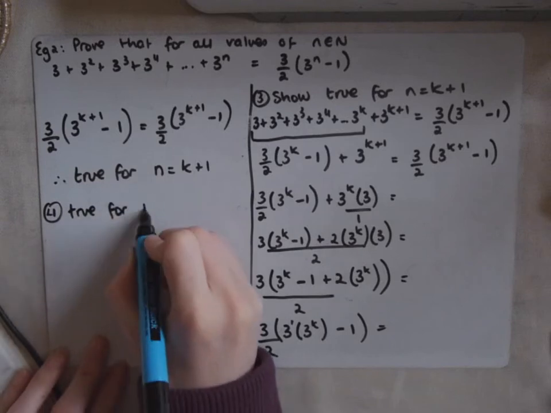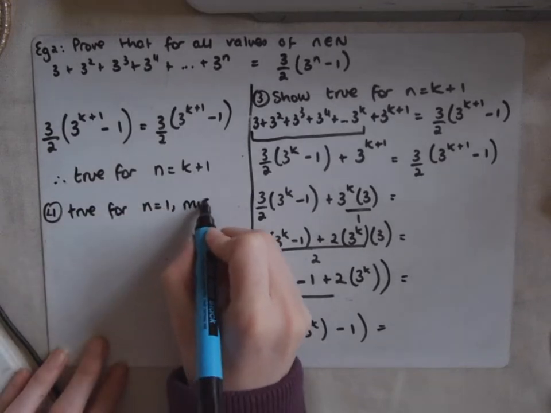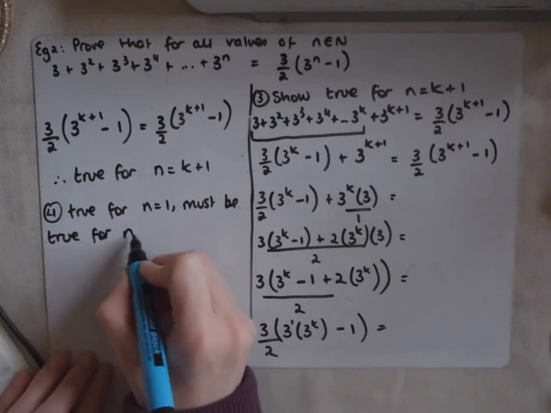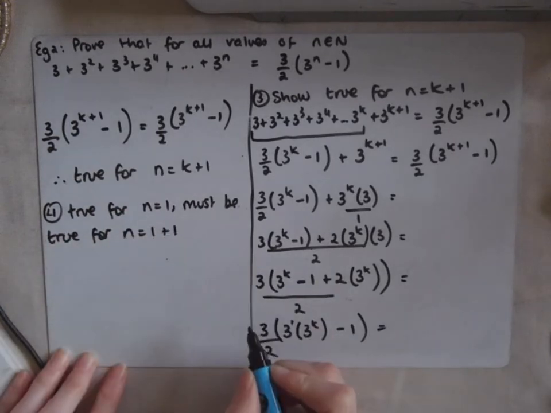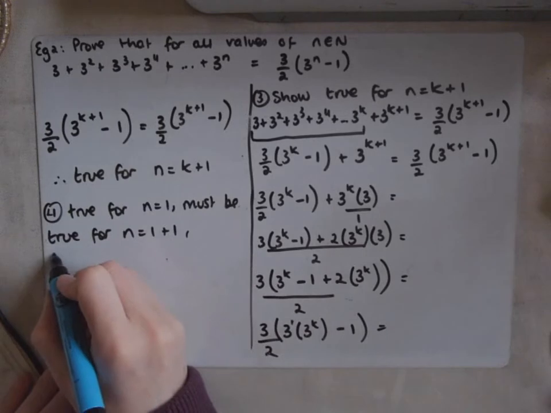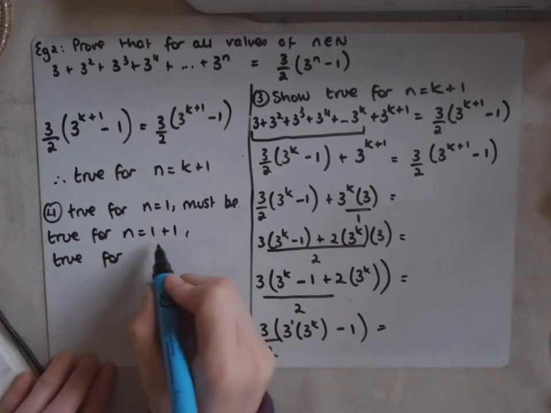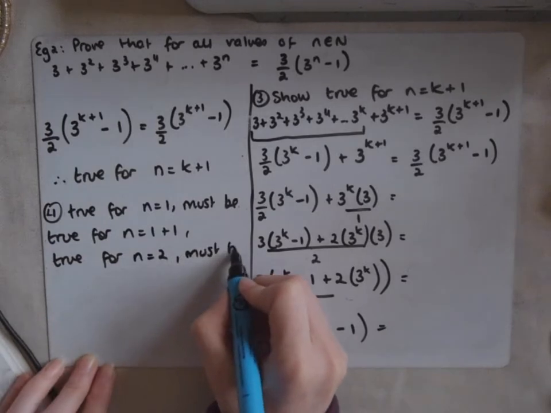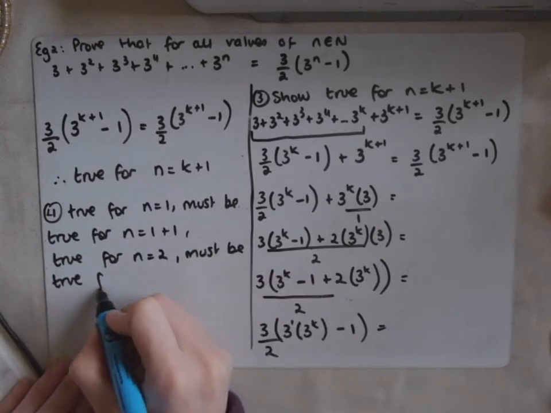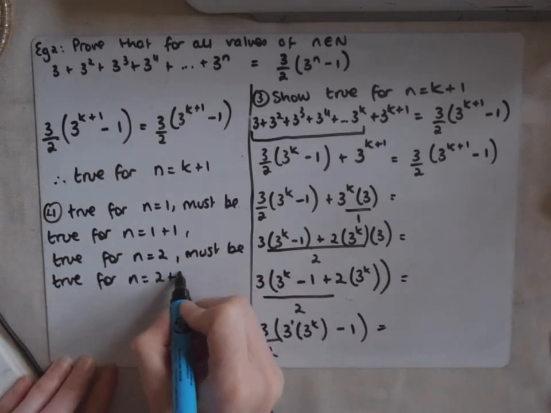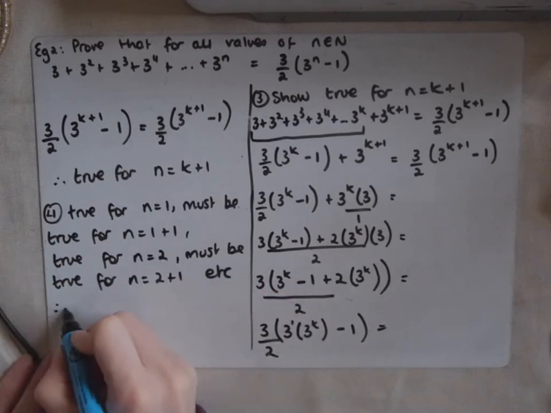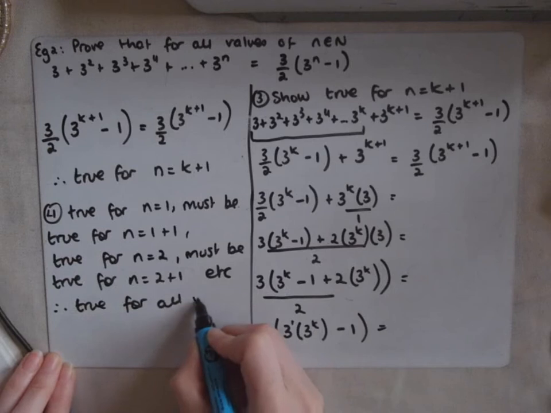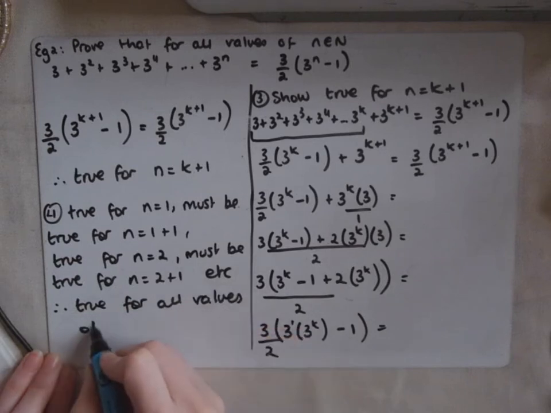So it's true for n equals 1, must be true for n equals 1 plus 1, true for 1 plus 1, which is 2, must be true for n equals 2 plus 1, etc. Therefore, true for all values of n.